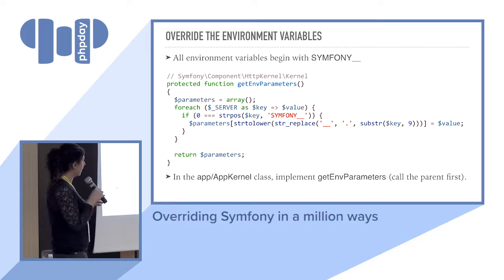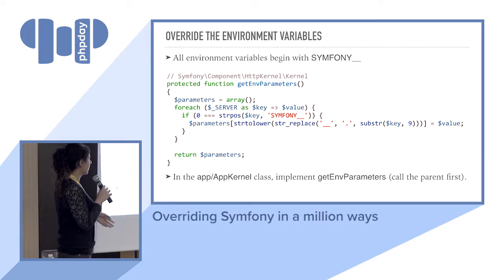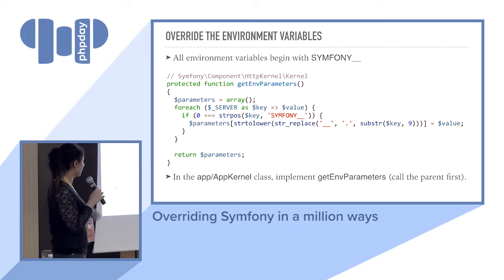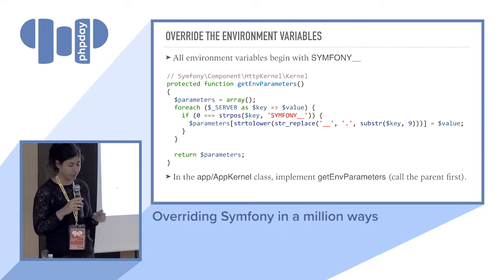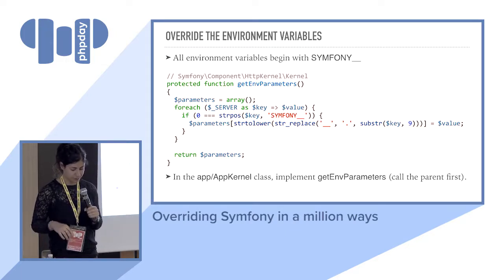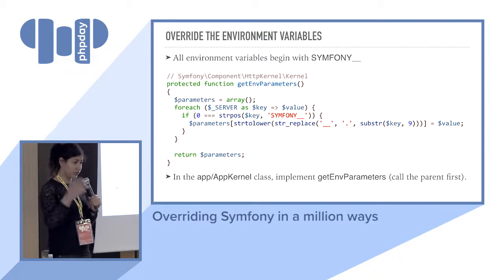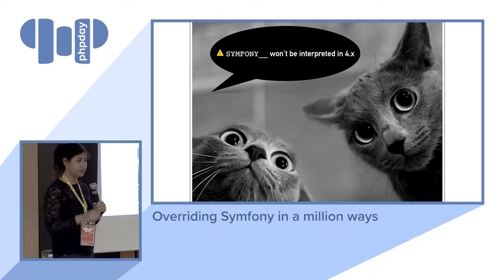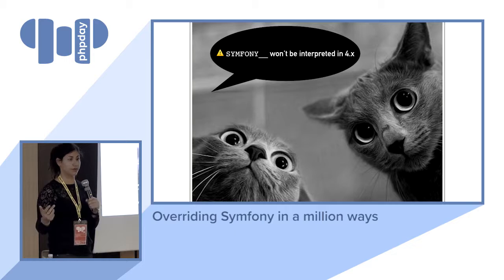And there is again a method in the kernel class which says, okay, everything that begins with SYMFONY__, grab it and put it in an array called parameters and go through whatever you want, okay? So if you want to change it, you just have to re-implement this method, again, in your app kernel class, and that's it. But you have to know that in Symfony 4, SYMFONY__ will disappear.